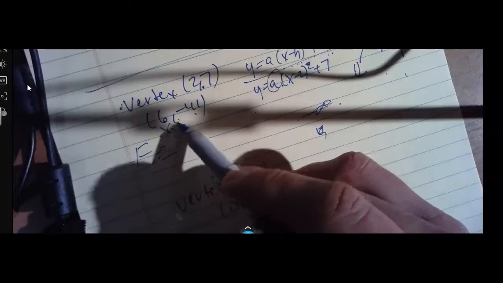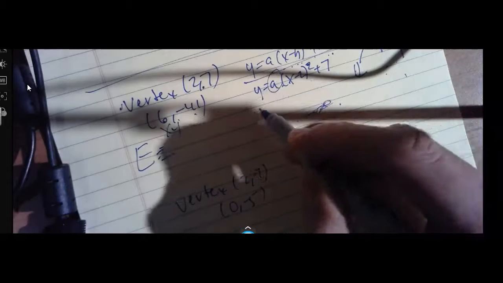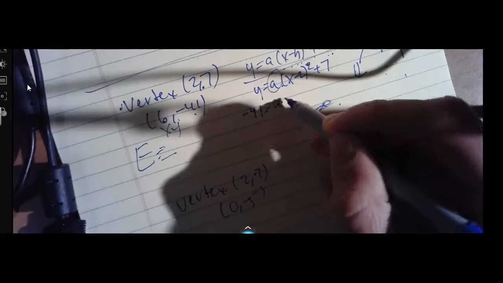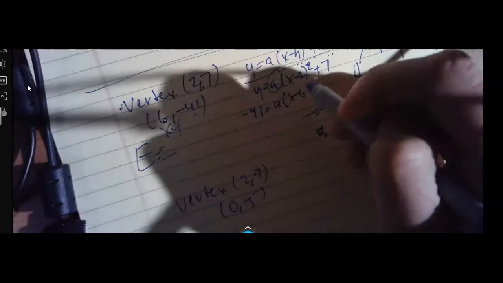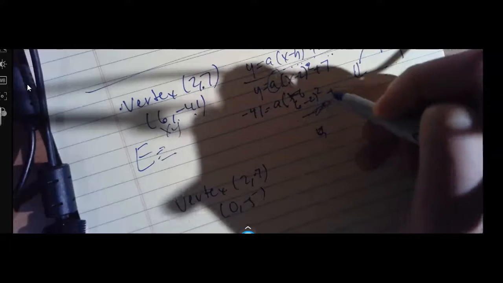We can fill in that a because we know an x and a y that it goes through. We know it goes through (6, negative 41). So negative 41 is equal to a times (6 minus 2) squared plus 7.